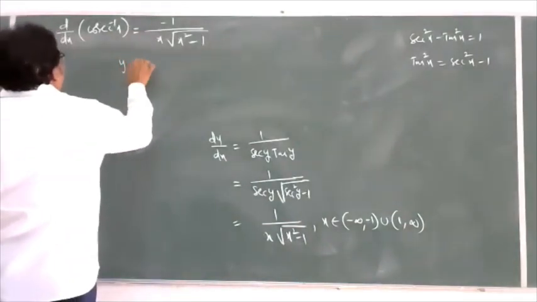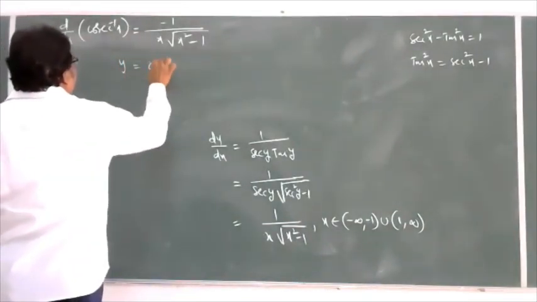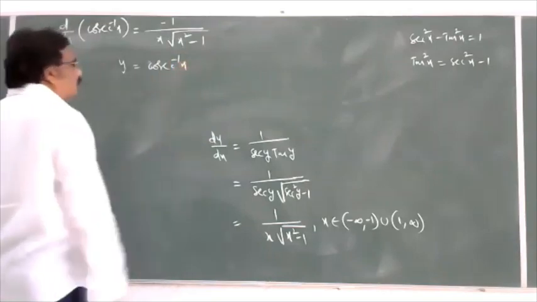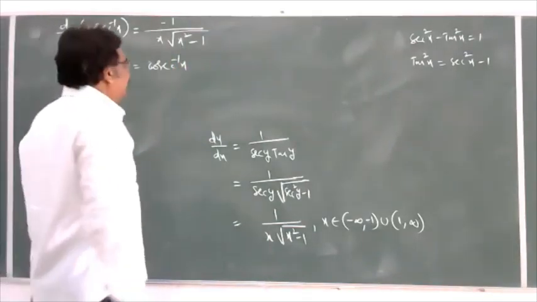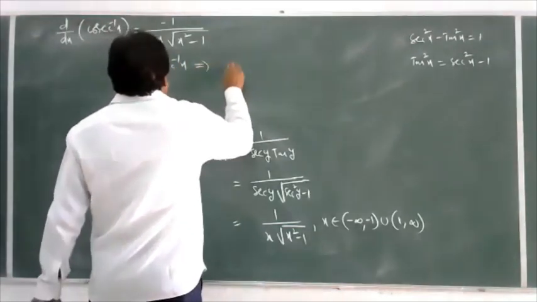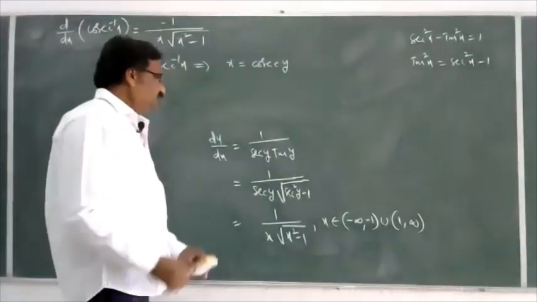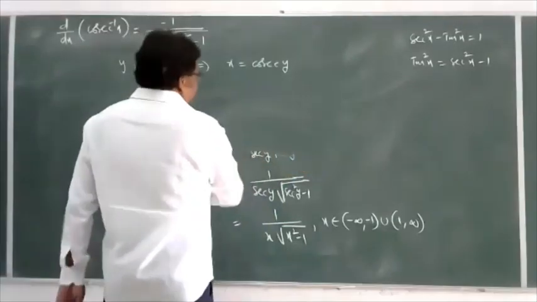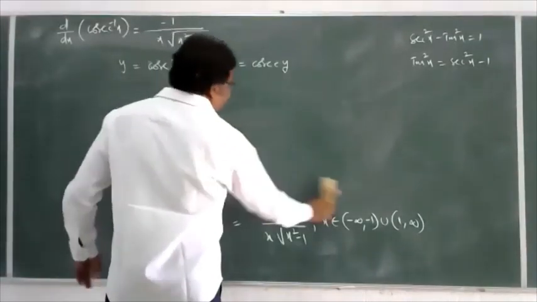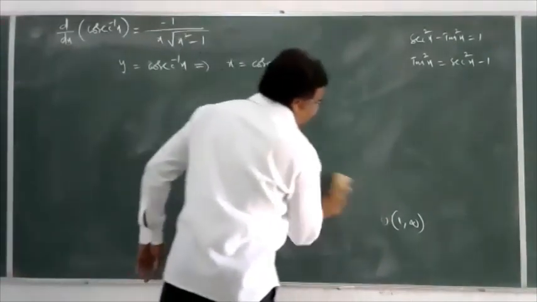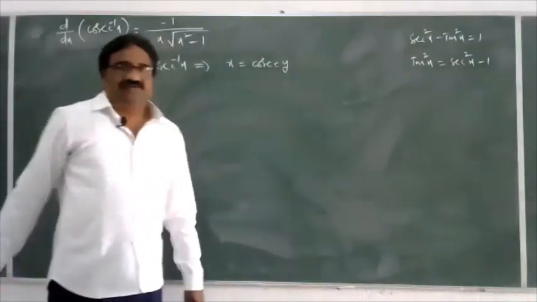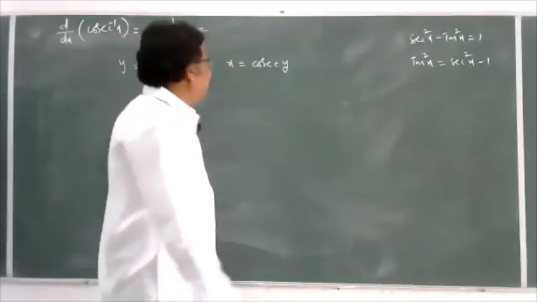So you take y is equal to cosecant inverse x. That implies x is equal to cosecant y. So differentiating both sides with respect to x.